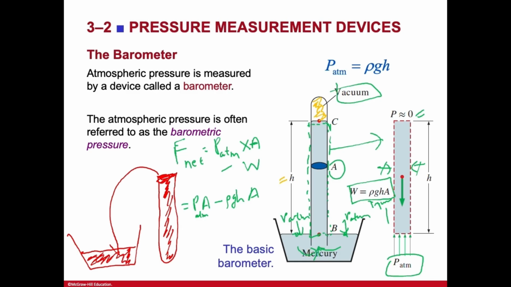But we know since this fluid is stationary and not moving, this net force has to be equal to 0, because F is equal to ma and there is no acceleration.